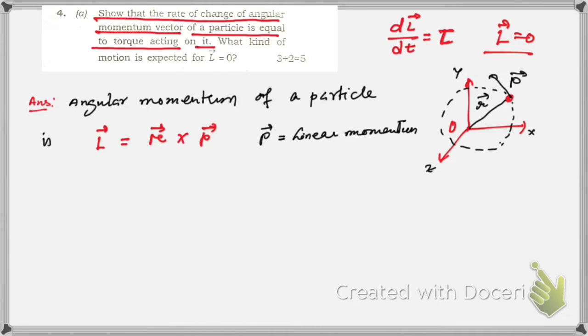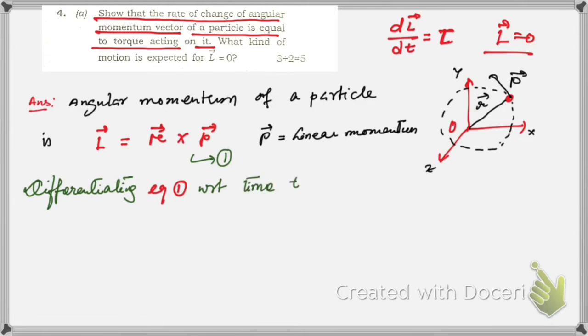Now let me differentiate this equation number 1 with respect to time t. If you differentiate, you will get dL by dt equal to d by dt of r cross vector p.